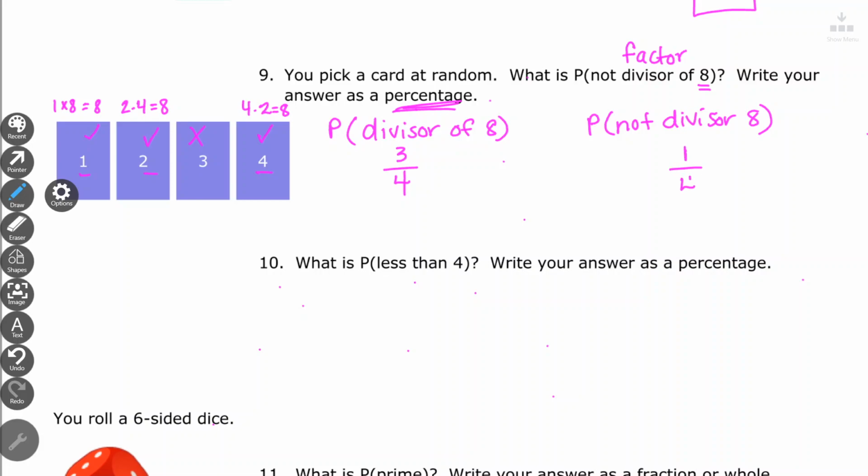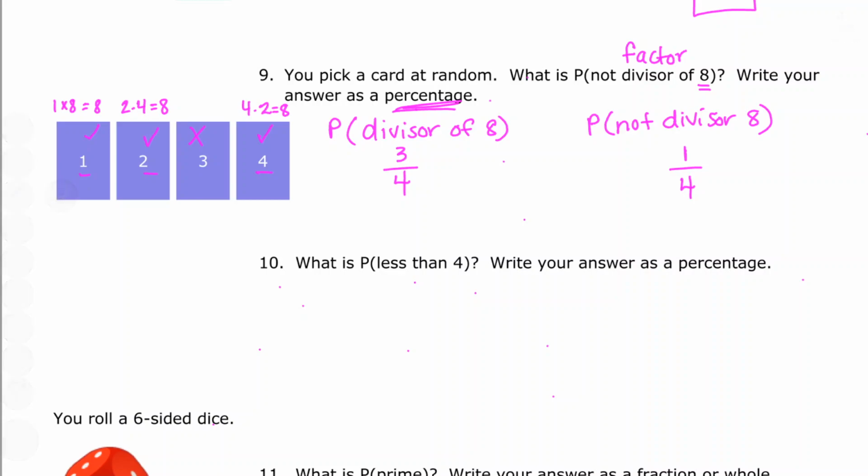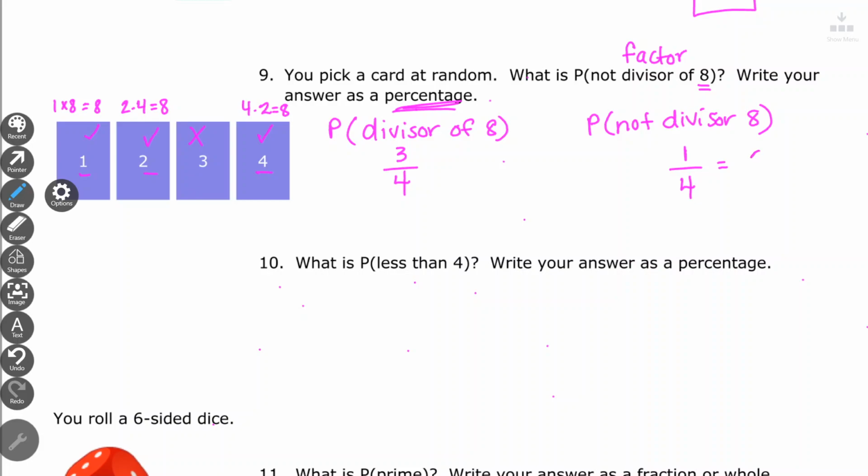And there are still 4 cards. Now, that is the fraction, and they want to know what is the percentage. Well, we spoke when we were doing number 1 about common percentages that we need to know, and 1/4 is one of them. 1/4 is 25%. All right, number 10.